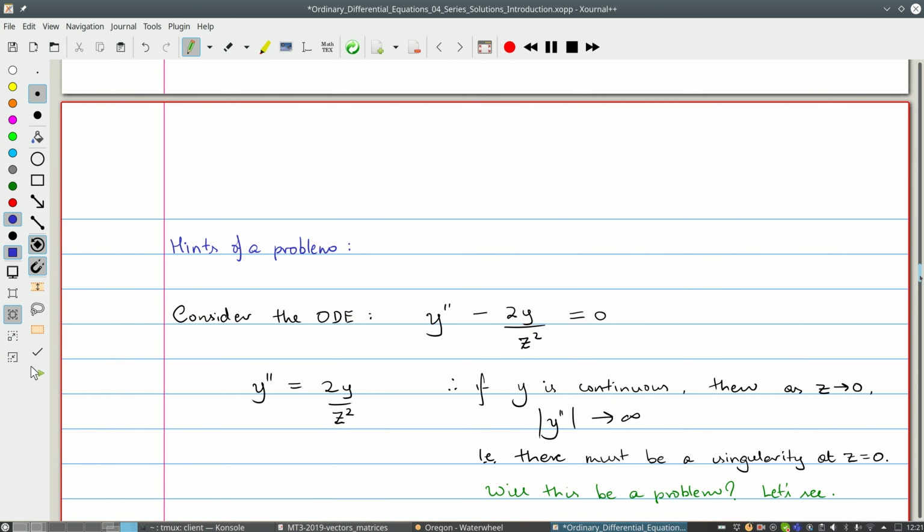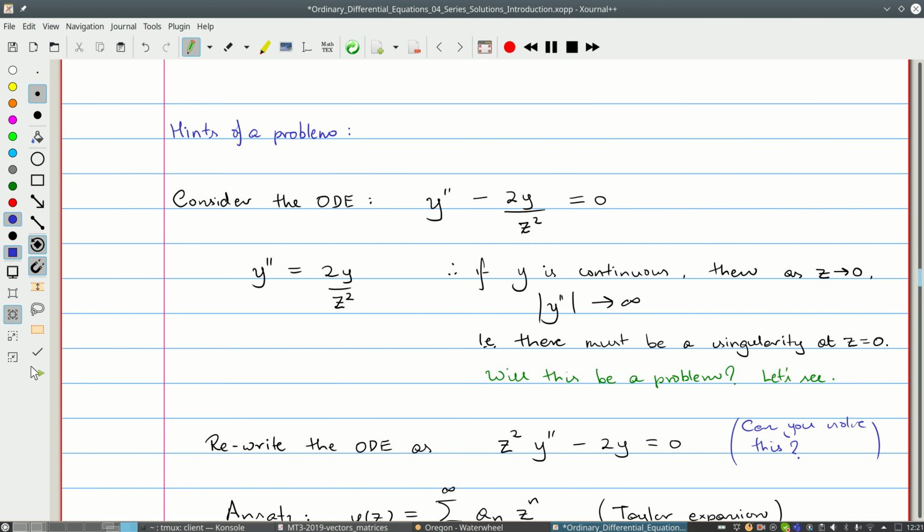Now there's a hint of a problem, or hints of a problem. Let's consider this ordinary differential equation. Y double prime minus 2y divided by z squared is 0. I've used z as the independent variable here. There's a reason for this. You see, differential equations, we normally think of them as being applied, the independent variables are x, y, real. We're dealing with real numbers.